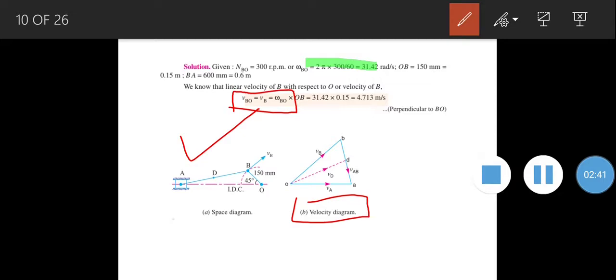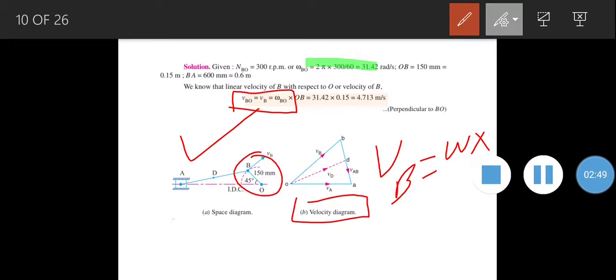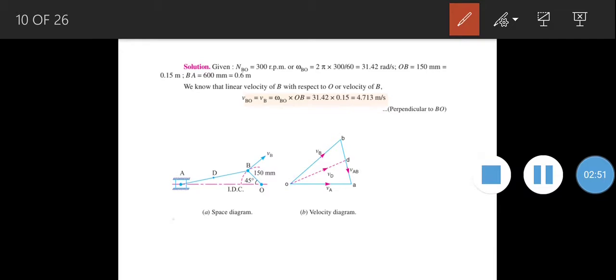It is represented by VB equals omega into the length of this part, that is OB. The omega value we obtained is 31.42, multiplied by the length. Here we have taken the length in meters, so 150 mm is 0.15 m.